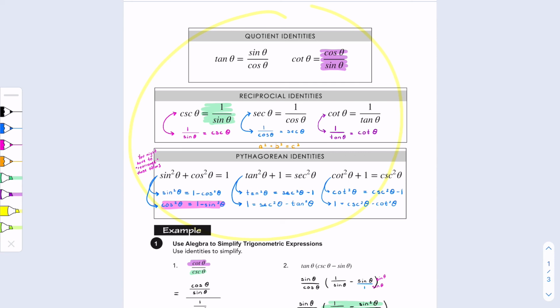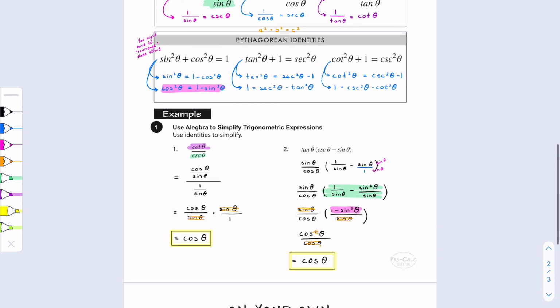I also always make the suggestion to get every term to sine and cosine if possible. That's going to usually make it easier. Of course, there's a few cases where that won't happen, but generally creating all sine and cosine values will eliminate your expressions faster. Also, one last note before I switch over and just work on the on your own section.